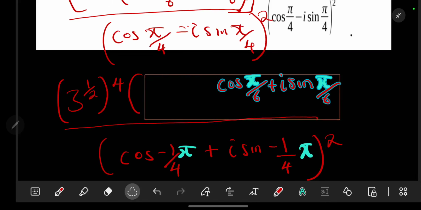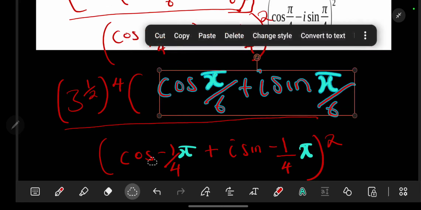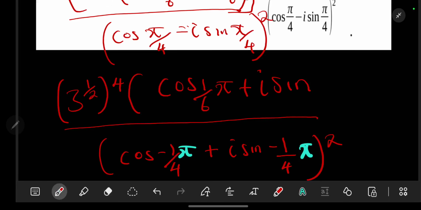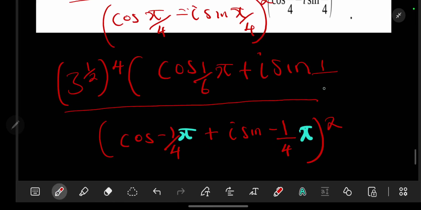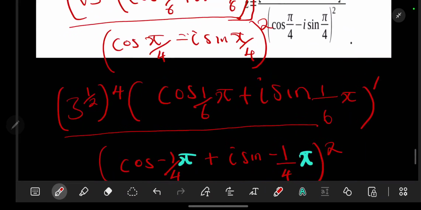So it will be 1 over 6 pi, and also 1 over 6 pi, 1 over 6 pi. Then this one is to the power of 4. So this is what we have.